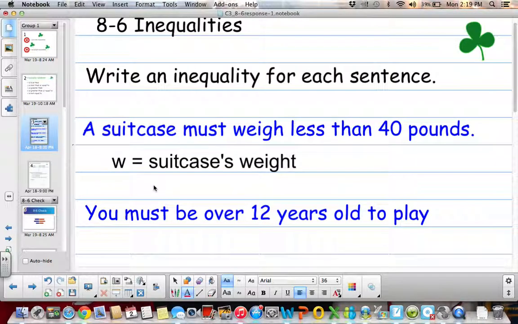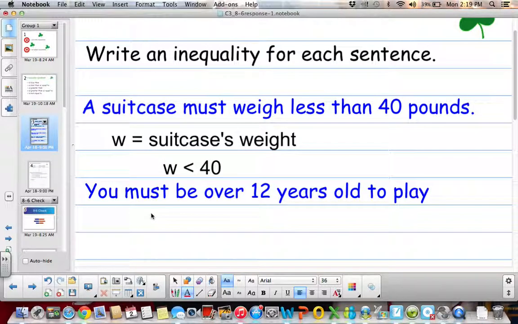We know that it has to be less than 40 pounds, so we can say that the suitcase weight, which is W, is less than 40. So the suitcase can weigh anything less than 40.